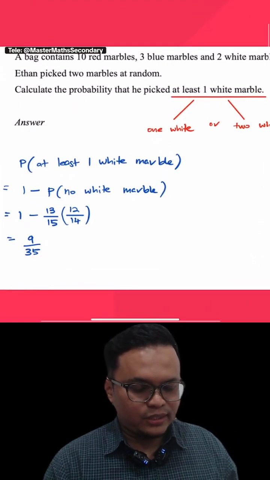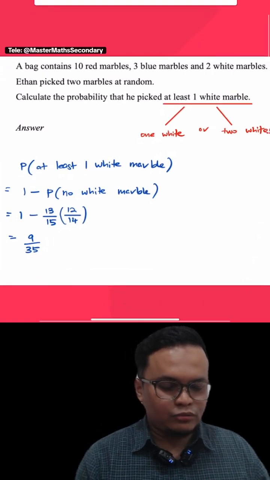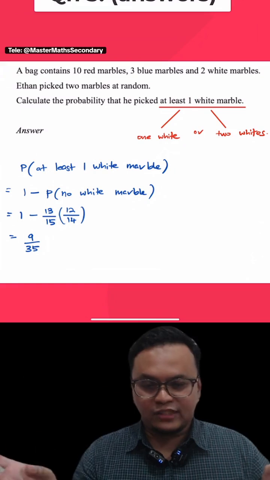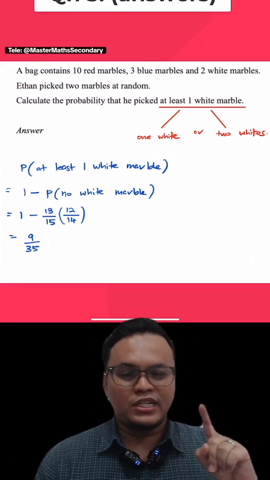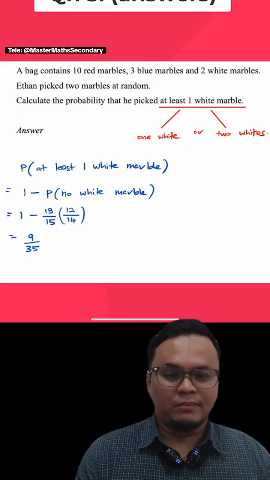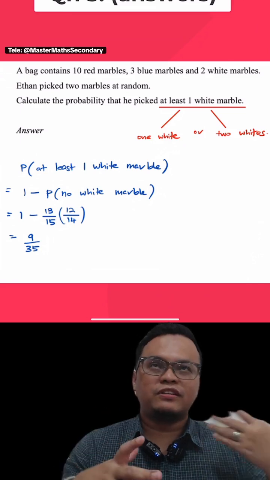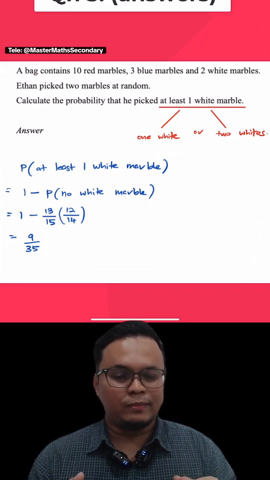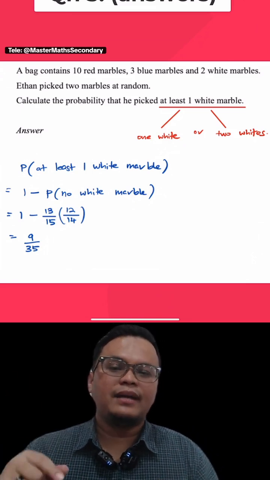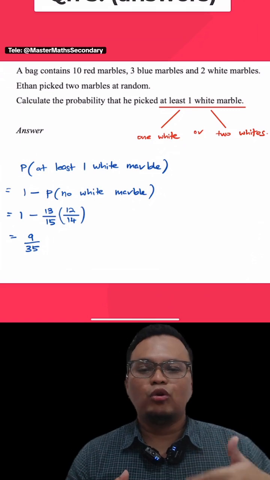If you think about it, when you want 1 white or 2 whites, there's only one possible case that you don't want, which is the case where you have no white marbles. Because we know these are complementary events, they all add up to 1 whole in terms of the probability. So I'll just take 1 minus the probability of getting no white marble.